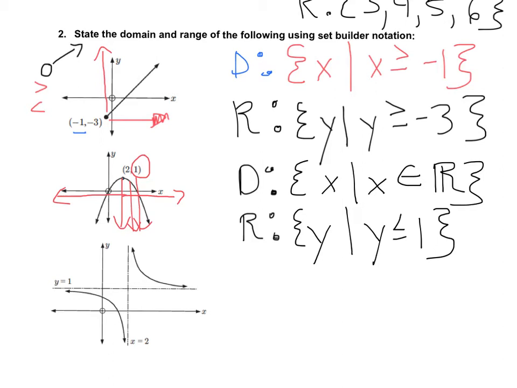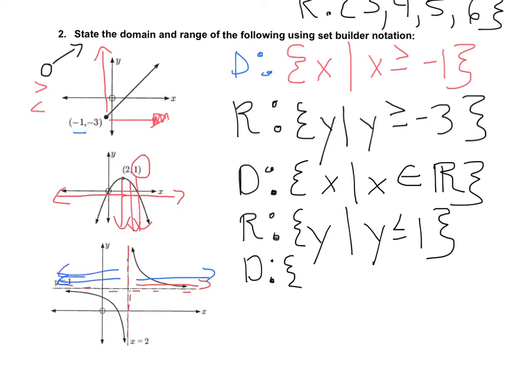For the next one, these are called asymptotes. They're lines that the graph is going to approach but never actually touch. So when I look at my domain, I look at what x values I could have. I could have a bunch of x values going this way, and then a bunch of x values going the other way.